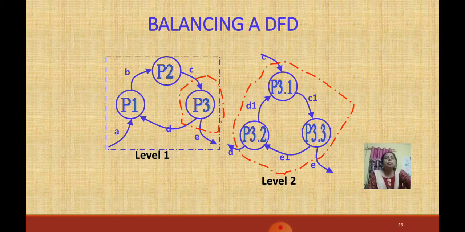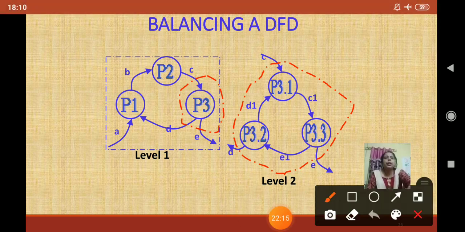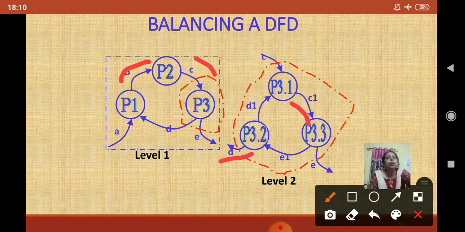So in level 1, here B is the input and C is the output. Okay, C is the output. Okay, so in here also C is input and D is output.